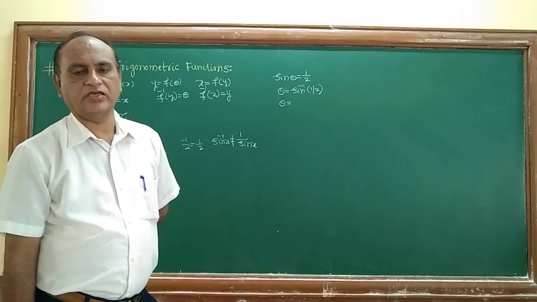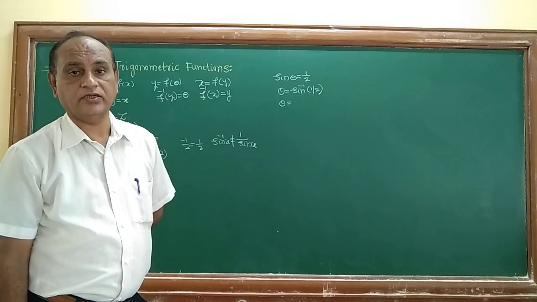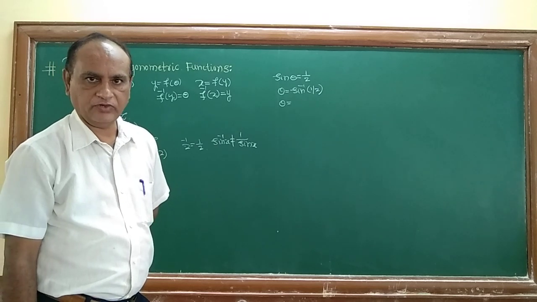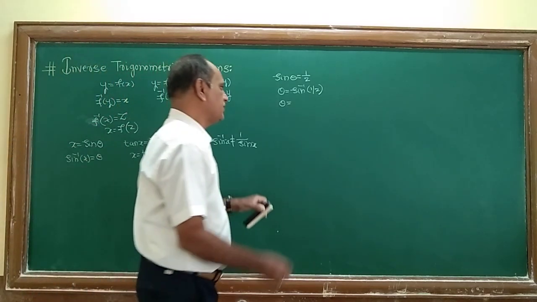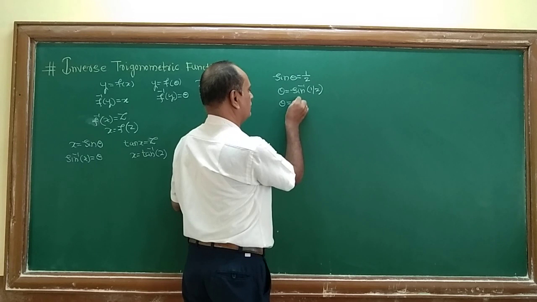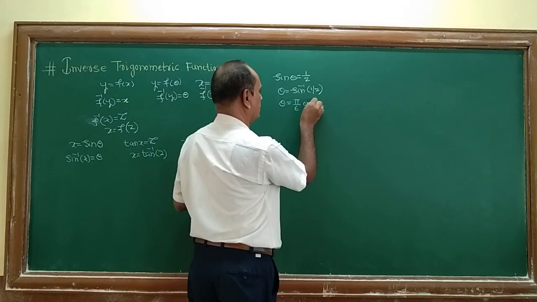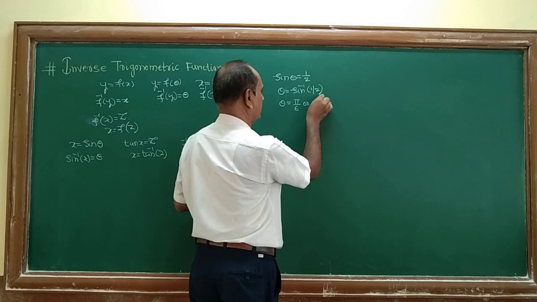The angle whose sin is 1 by 2 is 30 degrees. If we convert it to radians, that is pi by 6. So theta is equal to pi by 6, or theta is equal to 30 degrees.